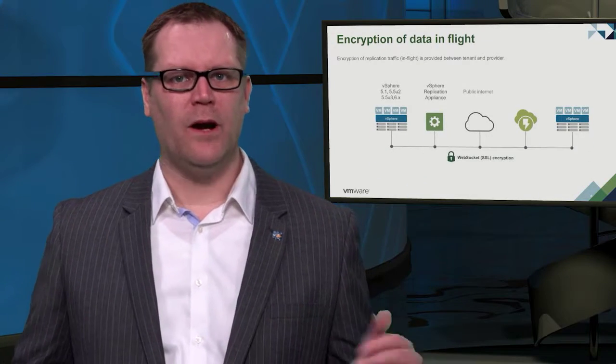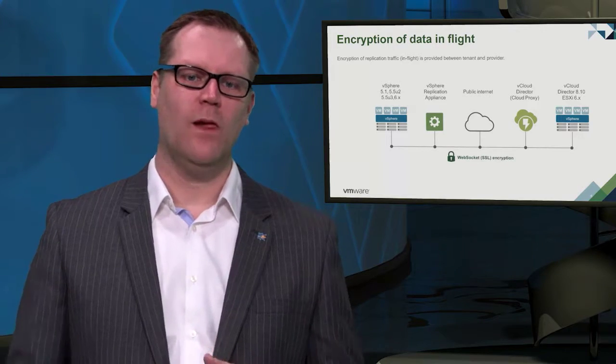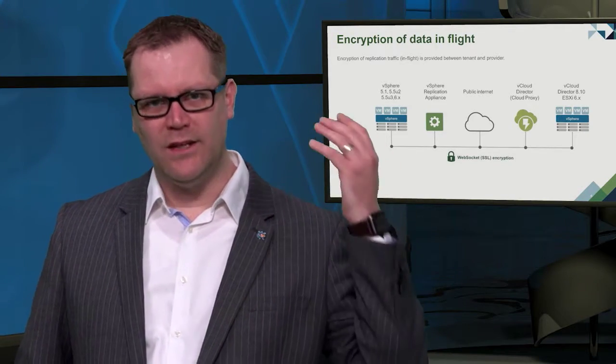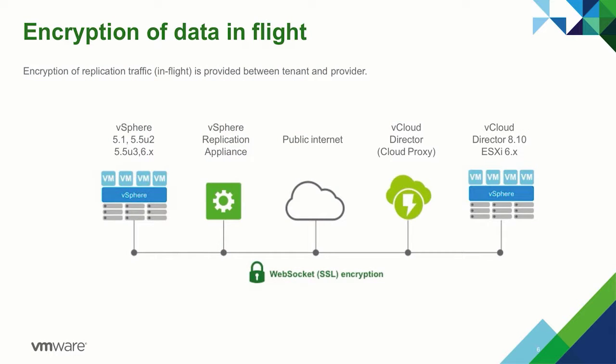When we talk about encryption, what does this essentially mean? From the moment the data leaves your on-premises vSphere environment, it goes over a number of points to get to the public cloud provider. As soon as the data leaves the ESXi host, it's fully encrypted using SSL encryption.